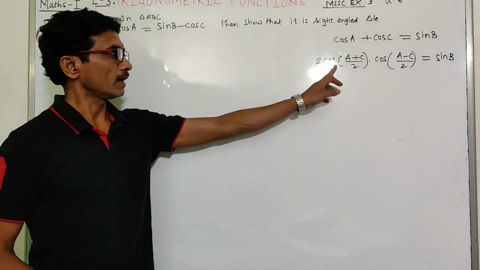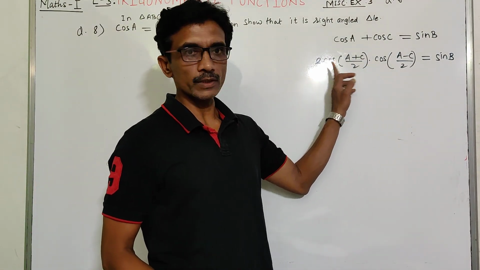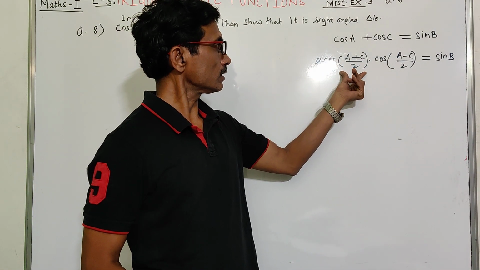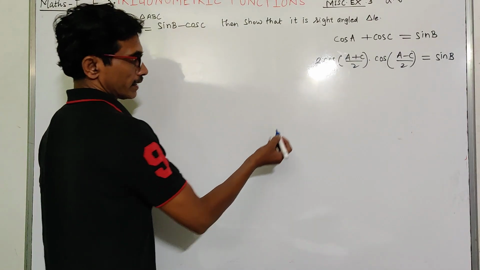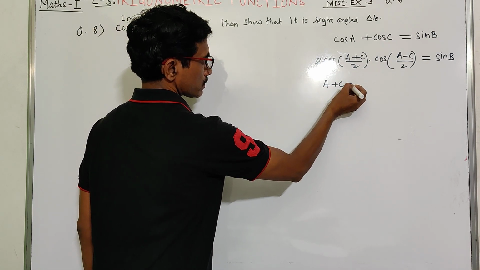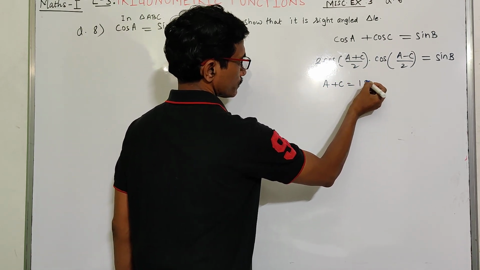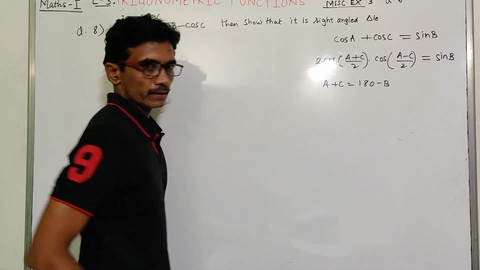Further, A plus C, wherever A plus C, A plus B or B plus C, so this A, B, C all are the angles of the triangle. Therefore we can write A plus C as 180 minus B, the third angle.